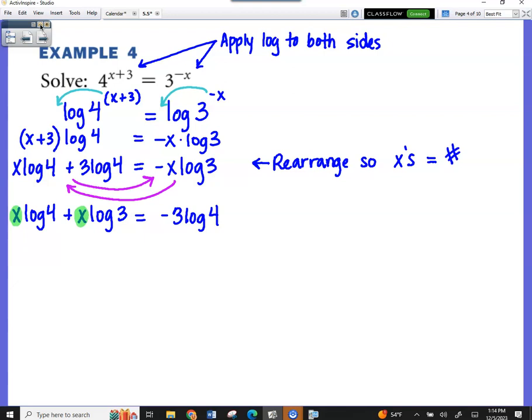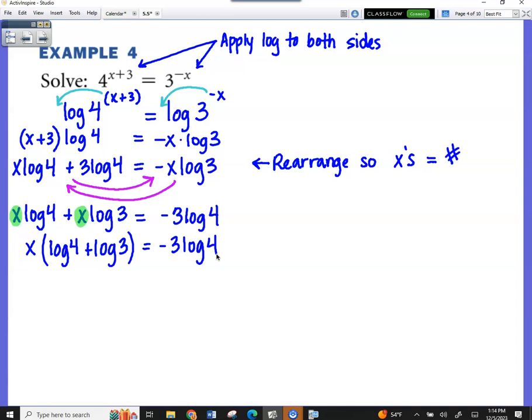There's a GCF of x. We can take that x to the front as a single term. I'm going to factor it to the front. What would be left? Log 4 plus log 3. The x's are now consolidated. I have a single x, and I'm so close to it being by itself.